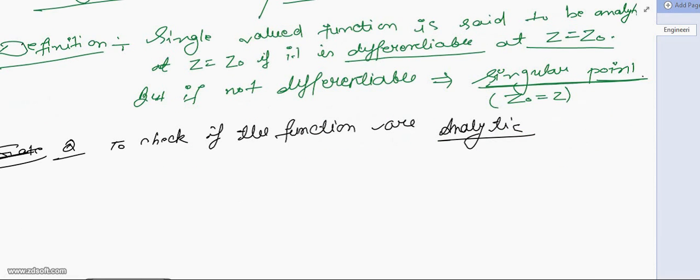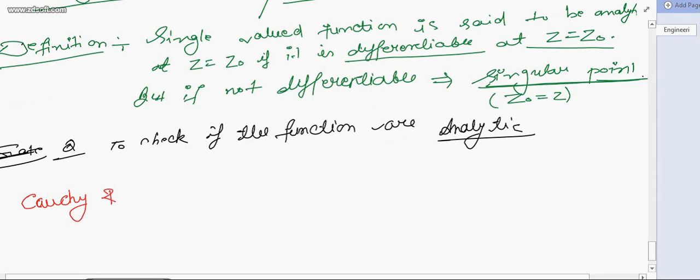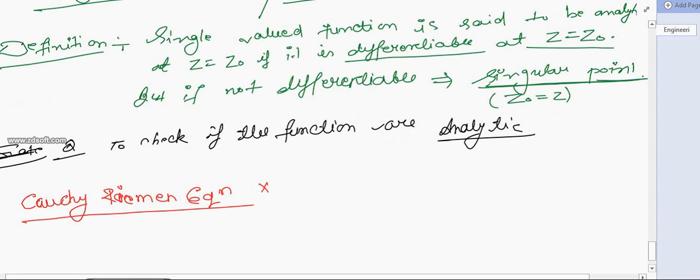For that we are going to see an important equation that is called the Cauchy-Riemann equation. This is a very important equation and you must understand it very well. It is very simple to understand.